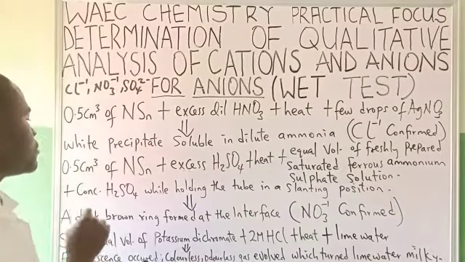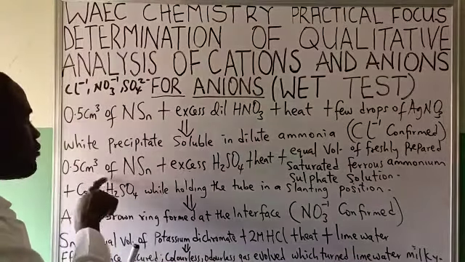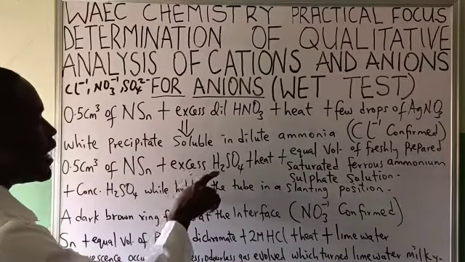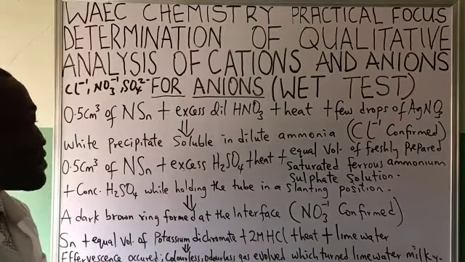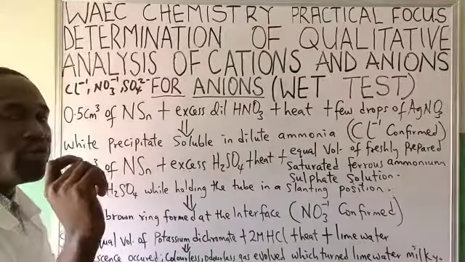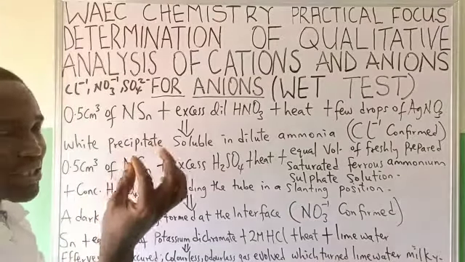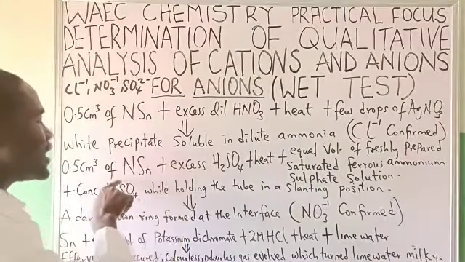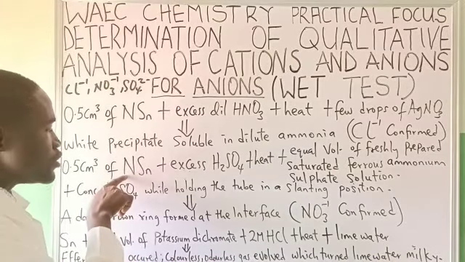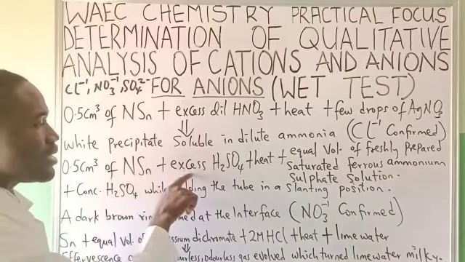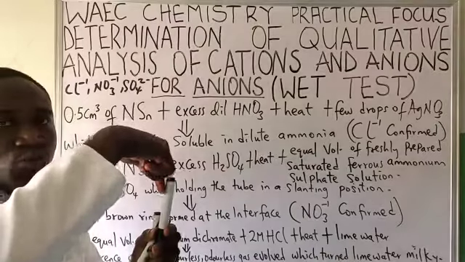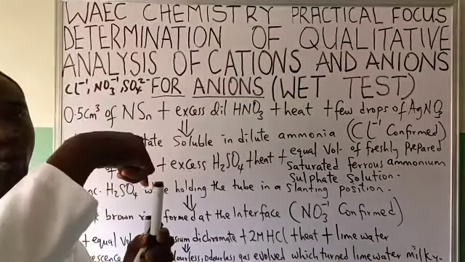Okay, then take a small quantity of that sodium carbonate extract or salt sample and add excess H2SO4. Remember, I said you know you have added excess of an acid by using a moist blue litmus paper. Put it inside that mixture of sodium carbonate extract and H2SO4 to see whether it turns the blue litmus paper red.